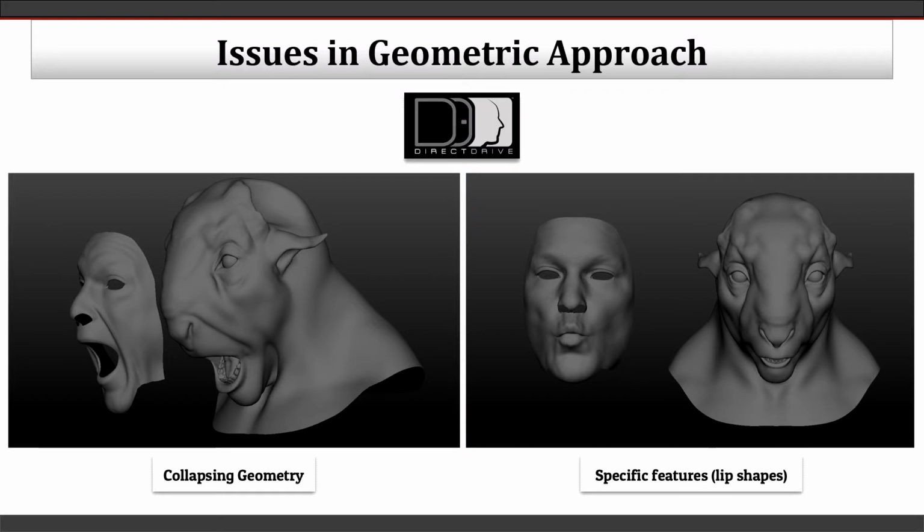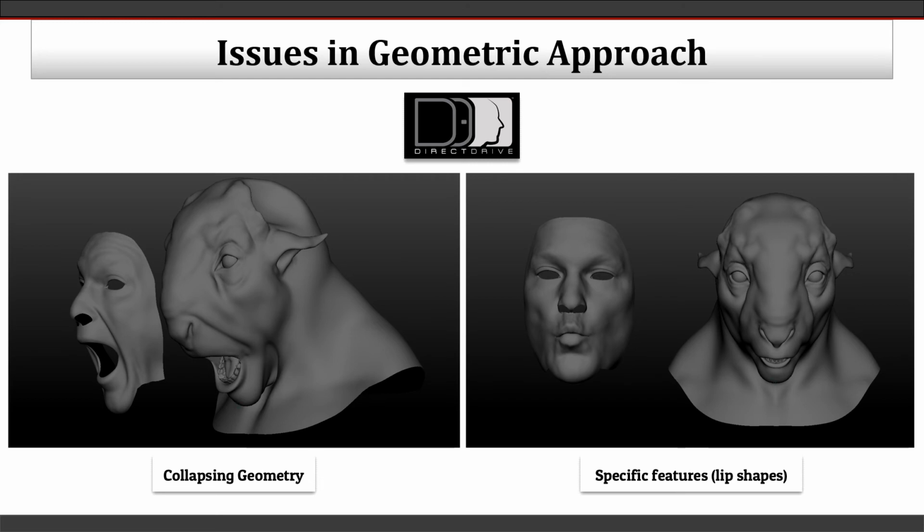Now, the same data-driven approach can also be used to correct some of the CG creature's performance. Some of the geometric transfers that we did from the actor's face to the CG creature also have some problems in terms of reaching the expression or the kind of fidelity that we are looking for.